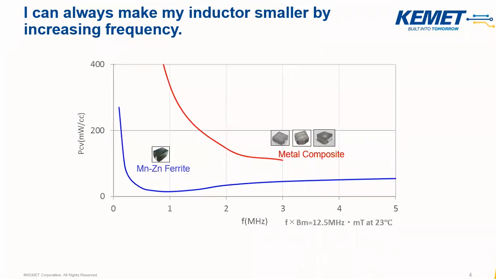So that is, I guess, the challenge going smaller is tied to the material losses, particularly in ferrite, which has a lower loss core material than metal composite. Okay. Yeah, and so it appears that you kind of get into this area of diminishing returns, if you will, as you attempt to go smaller by increasing frequency.